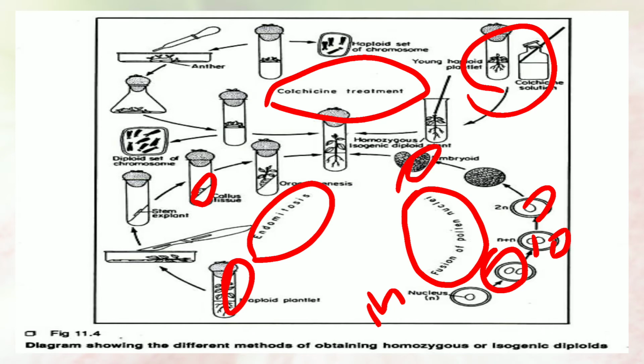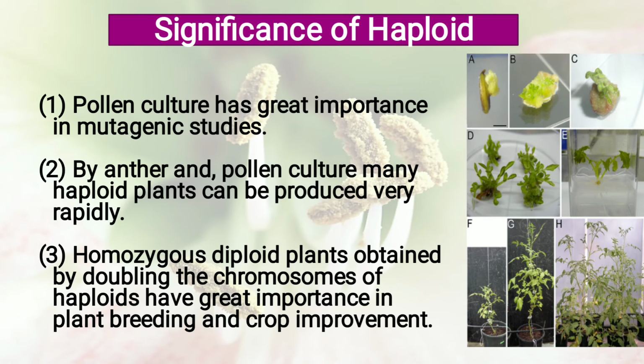Diploid is 2n, haploid means n, a single chromosome number. These are the three methods of diploidization of the plants.